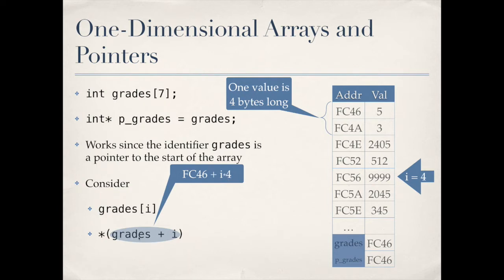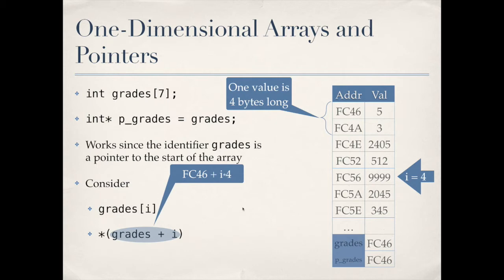So in the background, the compiler is resolving this address by multiplying by a factor representing the size of our data type. So this means basically, if we have a pointer to an int value here, and we add something, it adds something times the size of the data type.